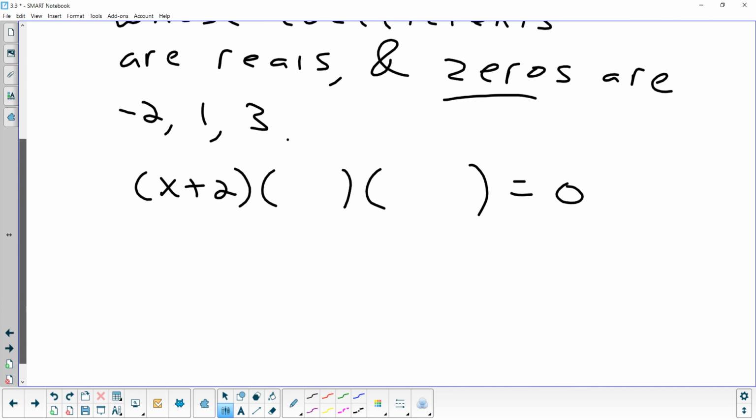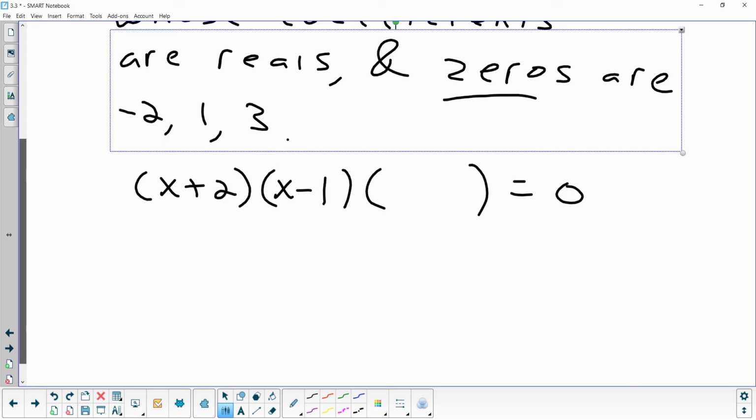If 1 is a root, what does that mean? x minus 1 is a factor. So if you plug in 1, you get 0. And what about if 3 is a root? Yeah, x minus 3 is a factor.